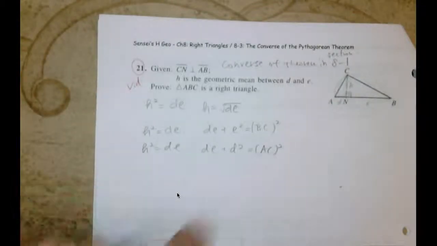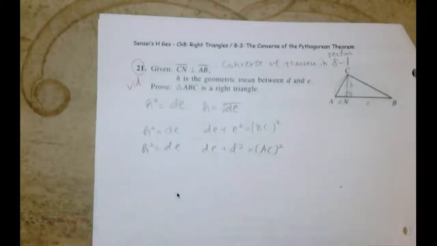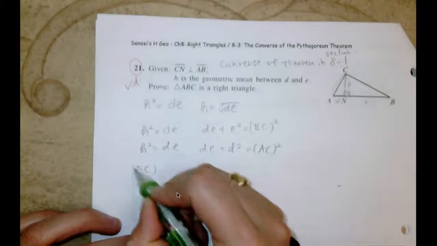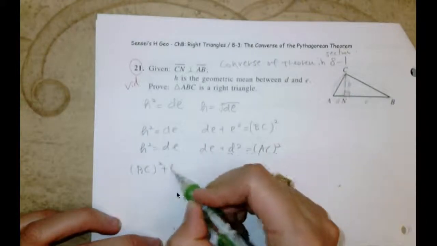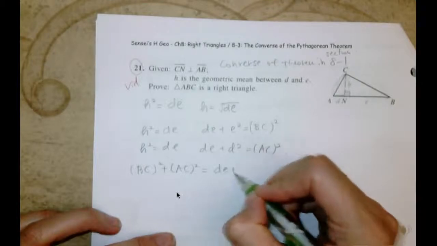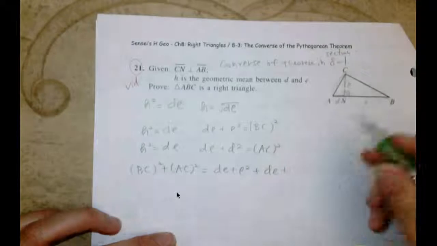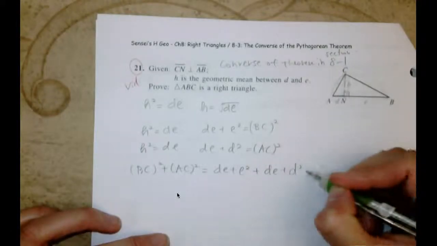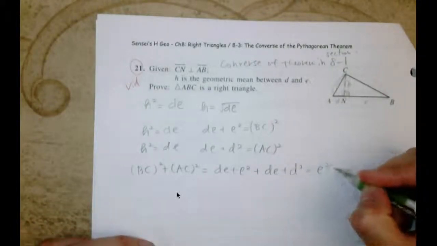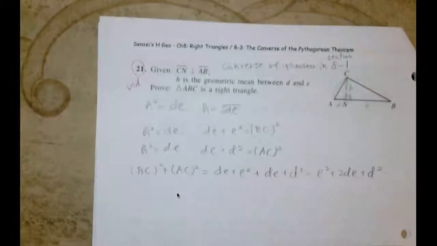So BC square plus AC square has to equal DE plus E square plus DE plus D square, or E square plus 2DE plus D square, right?